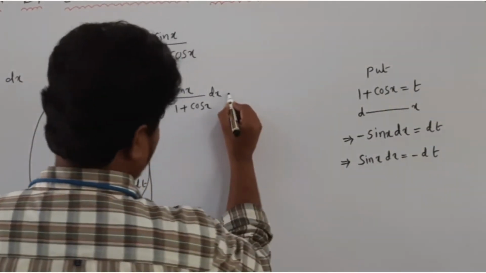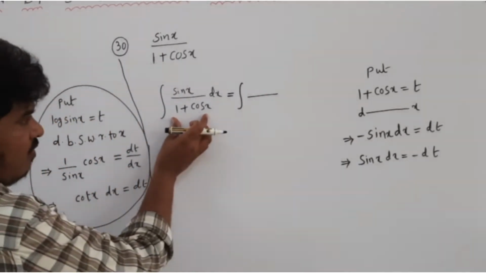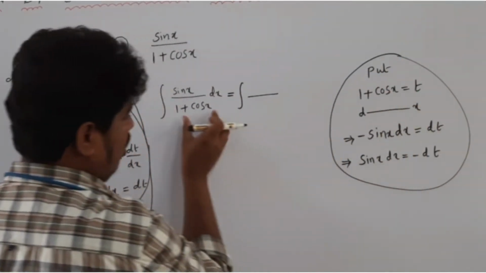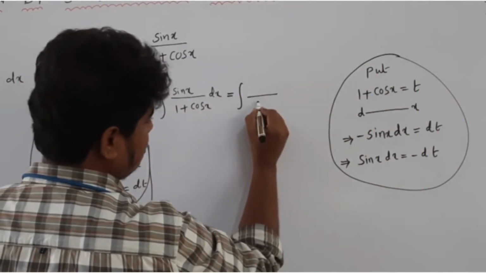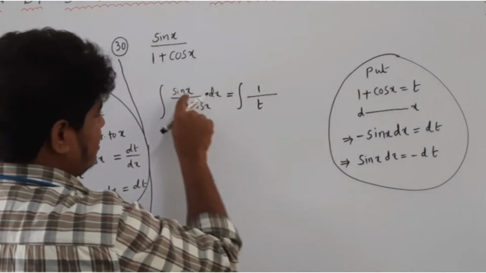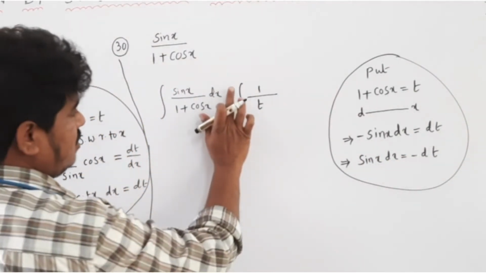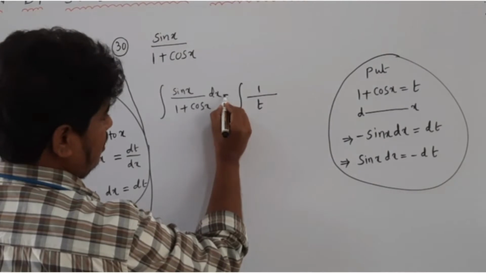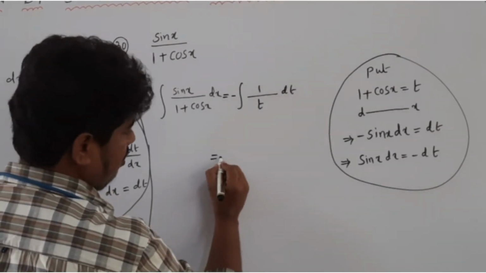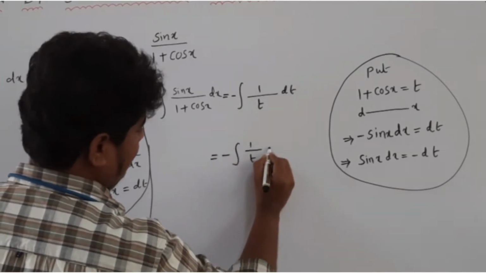Now this will be written as the integral of the denominator 1 plus cos x, what is that? t. And sin x dx will be taken as what? Minus dt. So I am taking the minus outside and dt here. Now this is equal to minus of the integral of 1 by t dt.